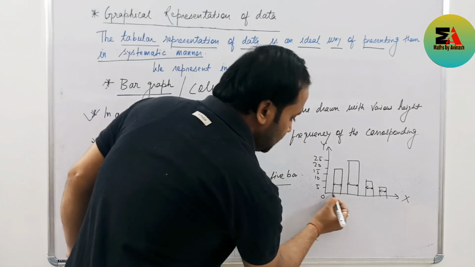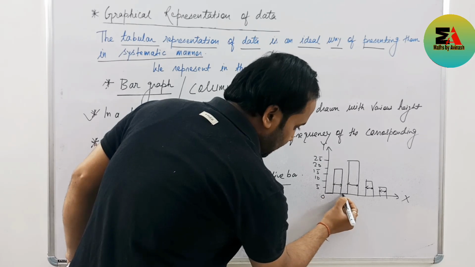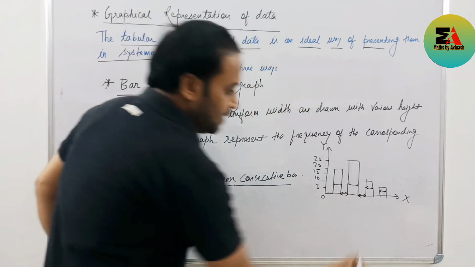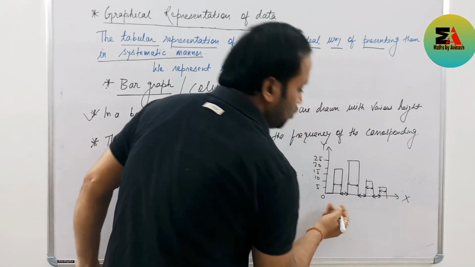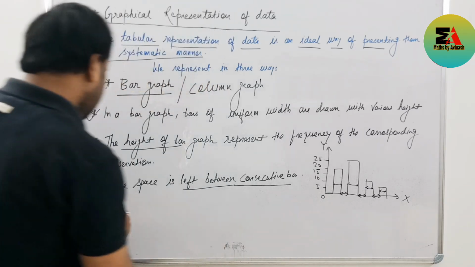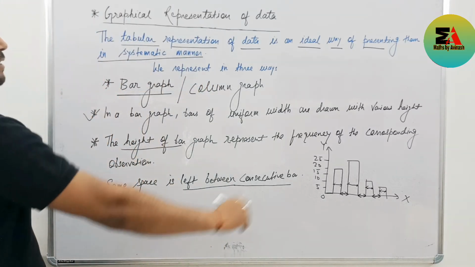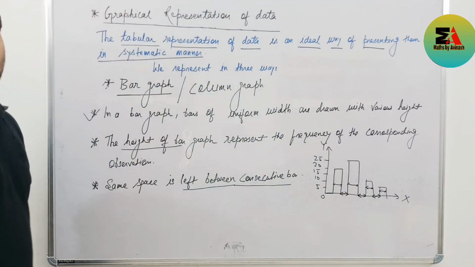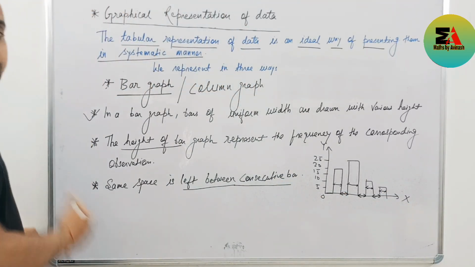Same space means the space of this bar is the same as the space of this bar. These three points are very important for how we construct a bar graph. I hope this is clear to you.